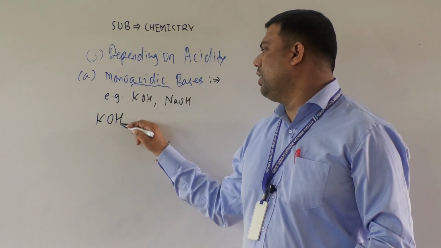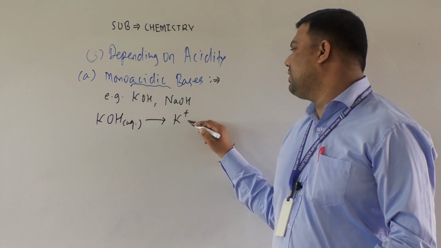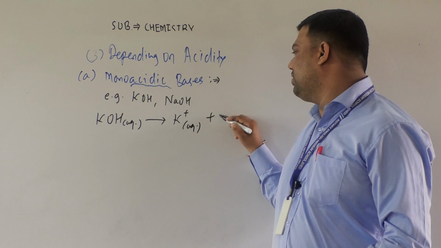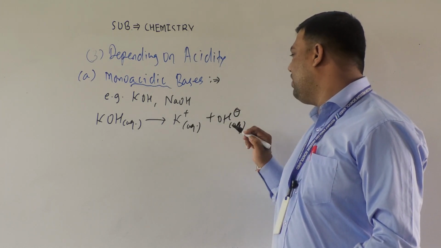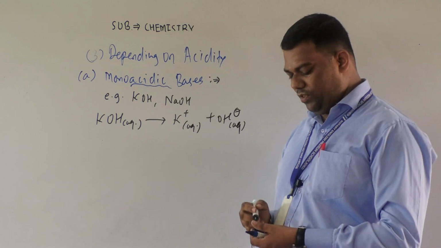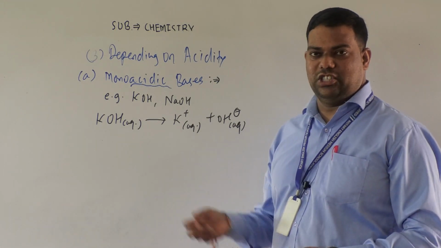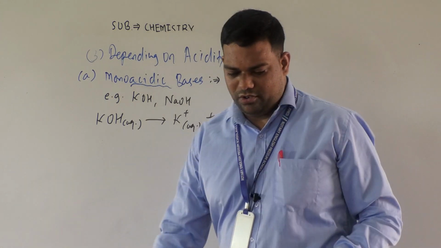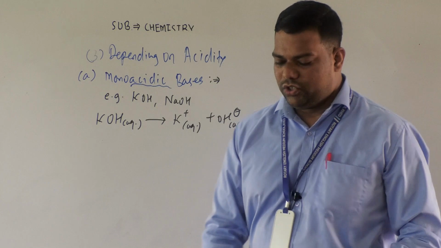If you think about an aqueous solution of KOH, it gives K plus aqueous plus OH minus aqueous. So only one OH minus per molecule on dissolving in water. These are examples of monoacidic bases.